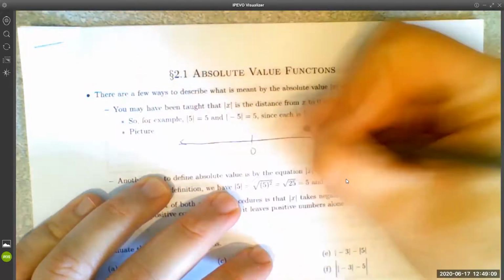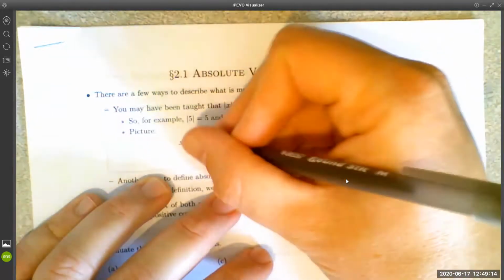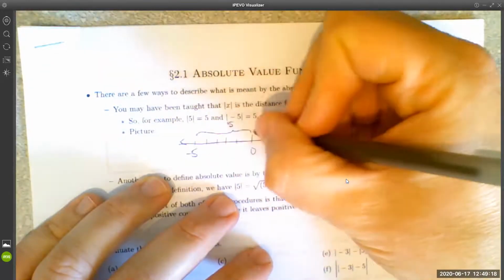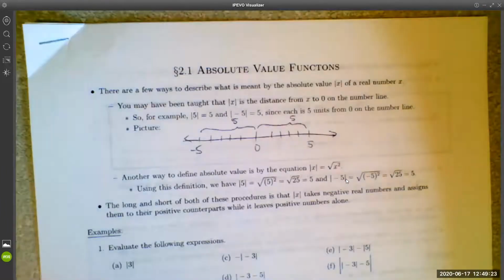So 0 is here, 1, 2, 3, 4, 5 is there, 1, 2, 3, 4, -5 is there, and so both of these numbers are 5 units away from 0, and that's why the absolute value of each of those numbers is 5. So that's one definition. It's a fine definition.